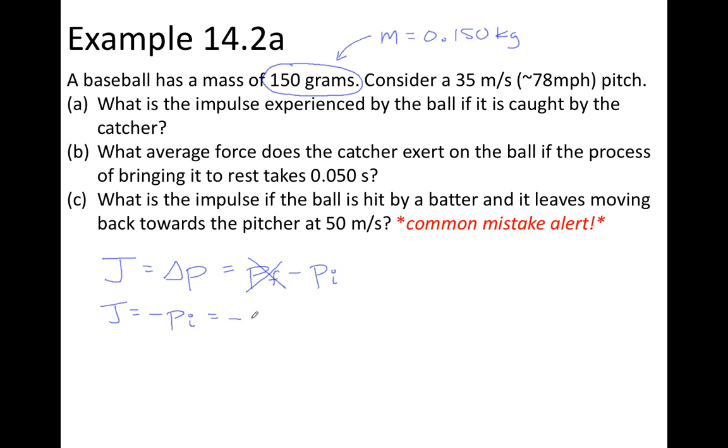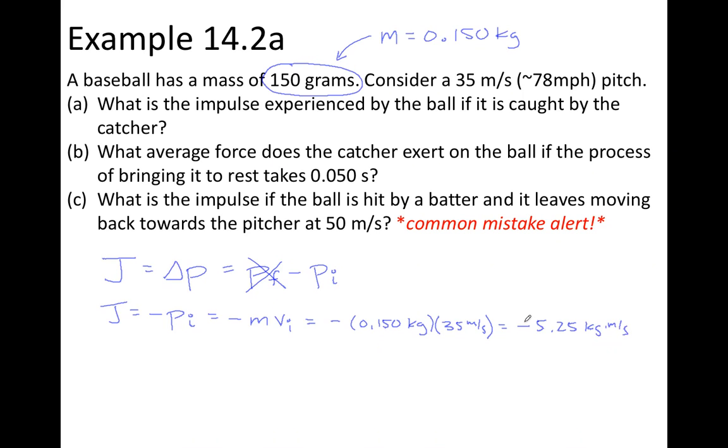The initial momentum can be found by multiplying the mass times the initial velocity. We have the value for the mass, 0.150 kilograms, and we have the initial speed, given as 35 meters per second. When we multiply those two together, we end up getting negative 5.25 kilogram meters per second.